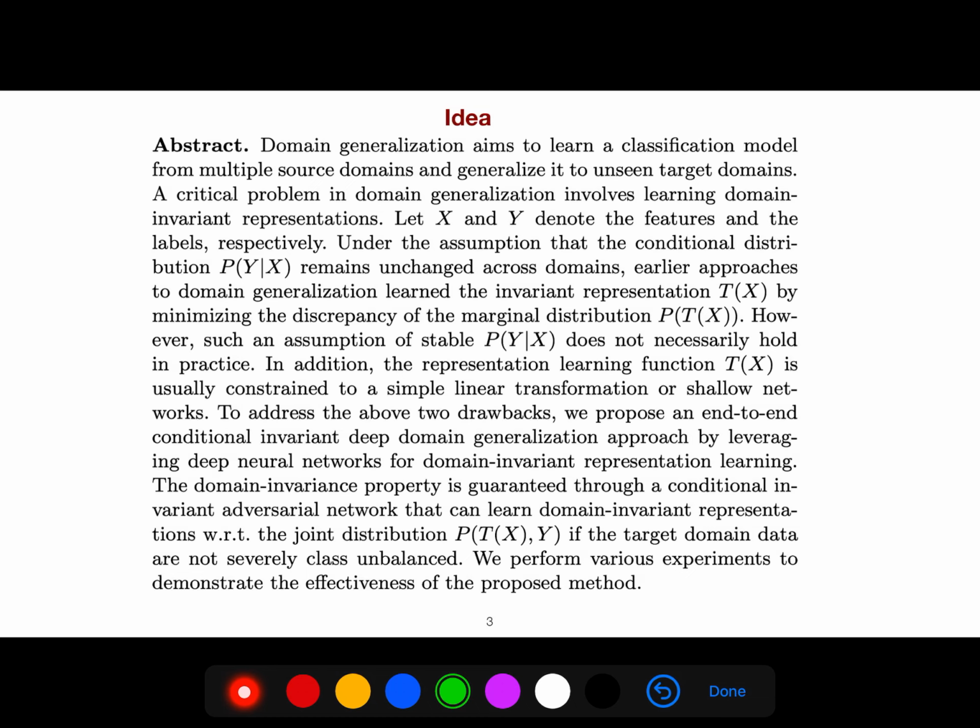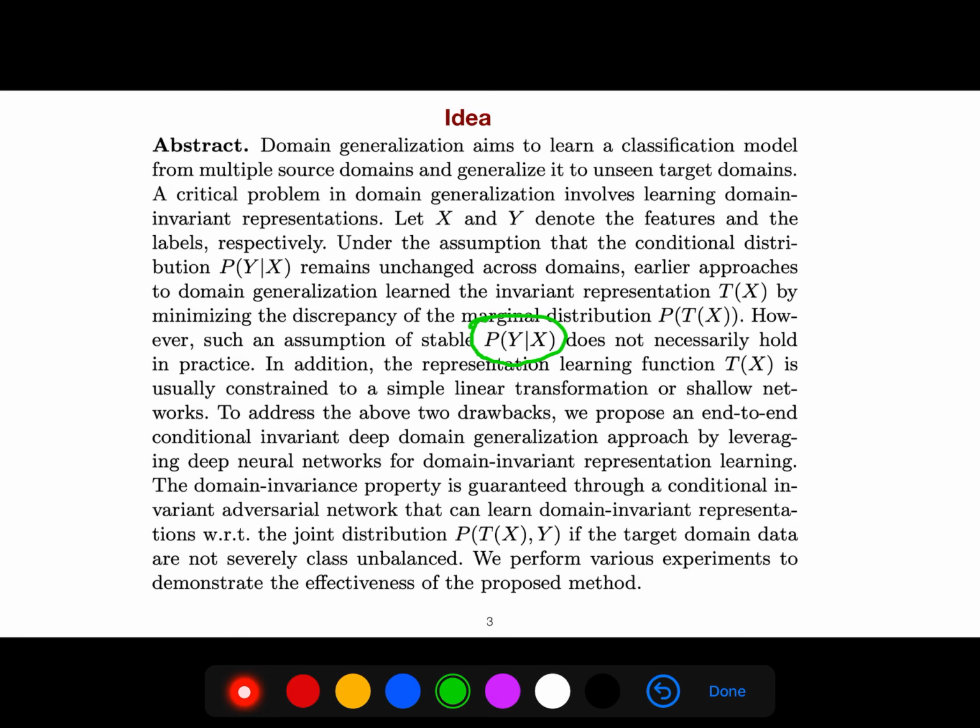Under the assumption that the conditional distribution remains unchanged across domains, earlier approaches to domain generalization learned the invariant representation by minimizing the discrepancy of marginal distribution. However, such an assumption of a stable probability of your label given your features does not necessarily hold in practice.